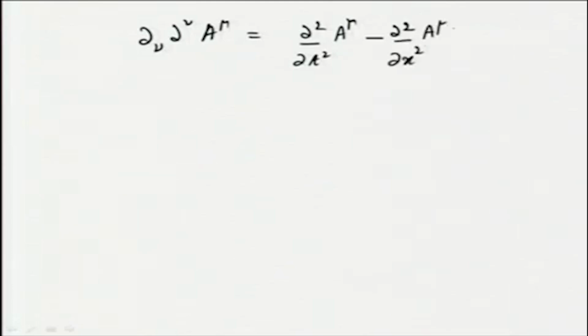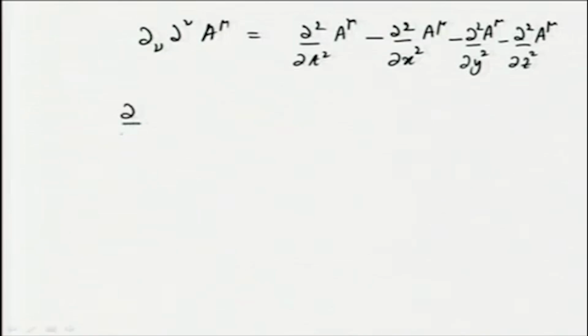Now, what we want to have is dou nu dou nu acting on A mu, which is equal to dou square by dou t square acting on A mu minus dou square by dou x square acting on A mu minus dou square by dou y square acting on A mu minus dou square over dou z square acting on A mu, same A mu.